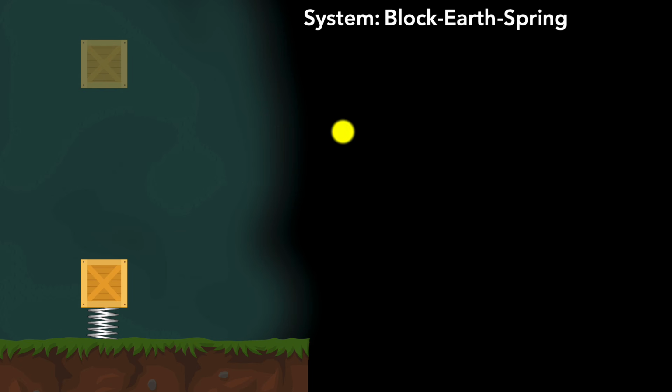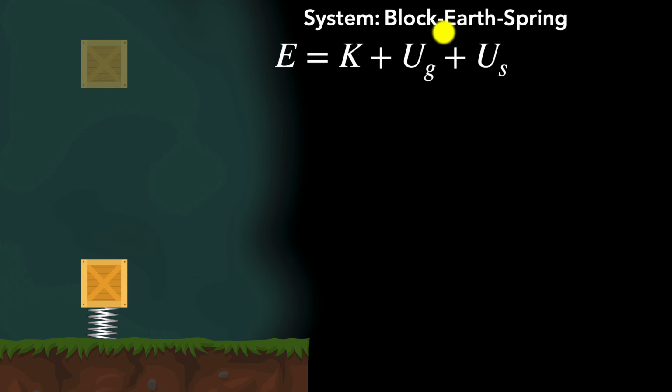Okay, so our mechanical energy now consists of the kinetic energy plus the gravitational potential energy plus the spring potential energy. The force of gravity and the force of spring are part of our system. They're conservative forces. We don't have to worry about them. They won't change the mechanical energy. Is there any other force acting? Yes, there is a drag force acting.